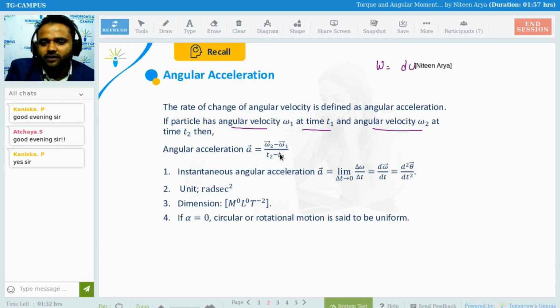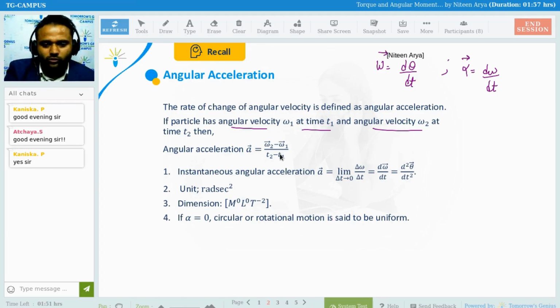So as we know, omega is d theta by dt for a very short span of time, and alpha is d omega by dt for a very small span of time, and that is also known as instantaneous angular acceleration.